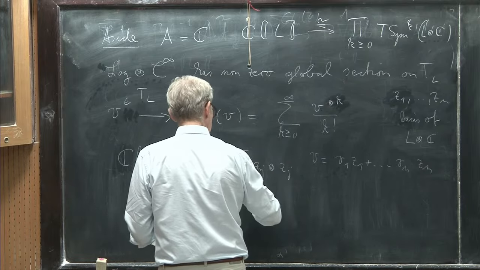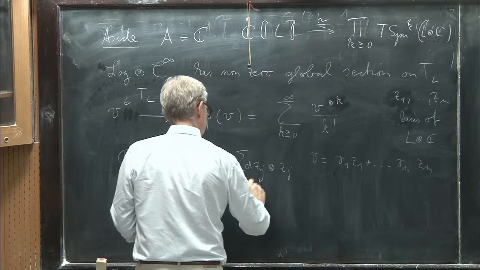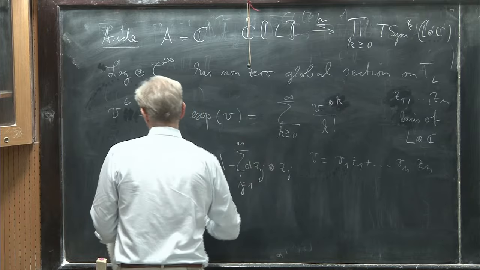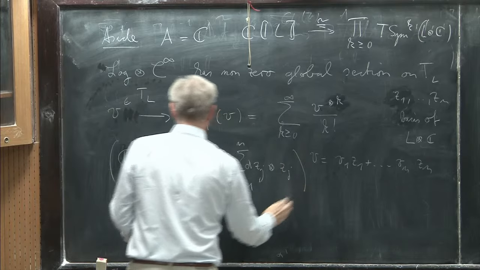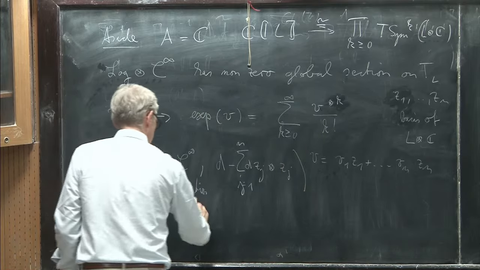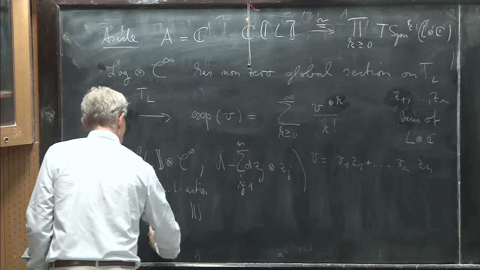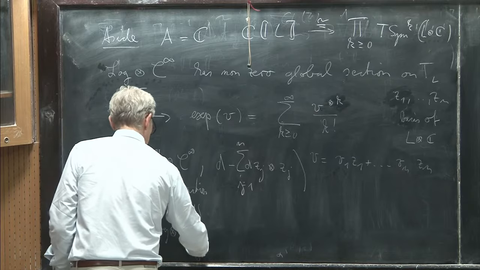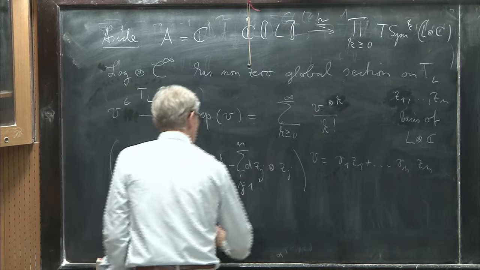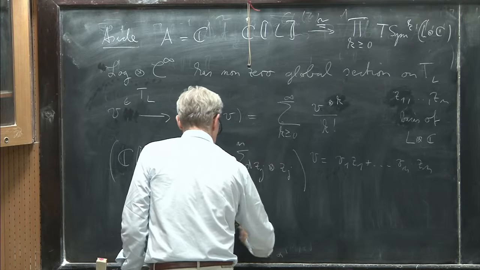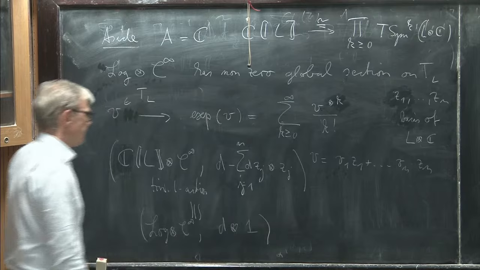This local system is, via this section, isomorphic to the logarithm sheaf C infinity with its given connection.